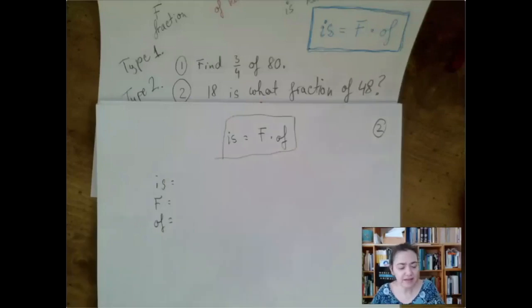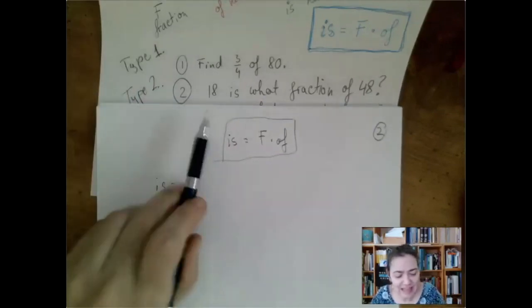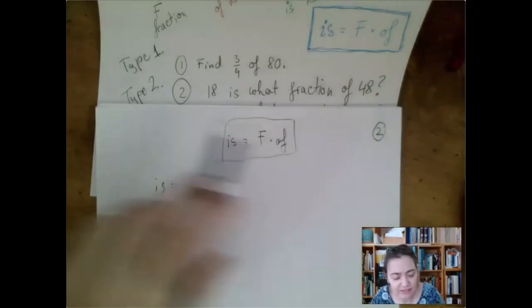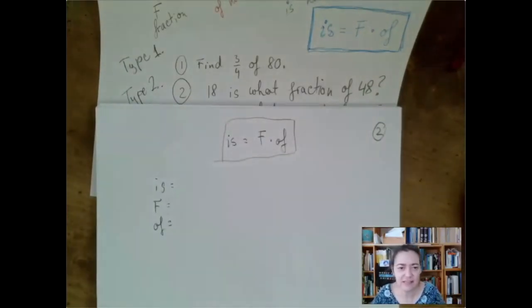So, can you identify what are these 2 things given? Who is the is number, who is the fraction, who is the of number? Whatever they are withholding and asking for, we're going to call that x. So can you sort out this little casting? Who's going to play is, who's going to play the fraction, who's going to play of? Is 18.